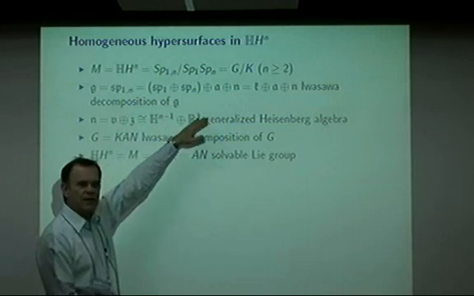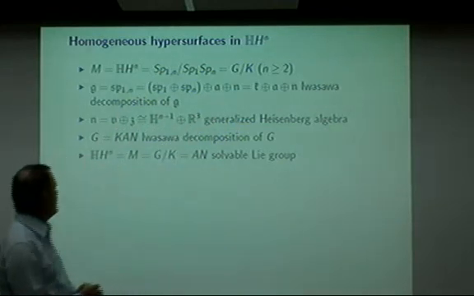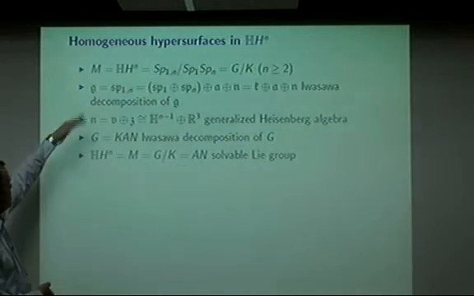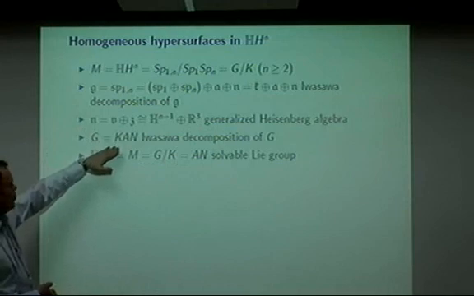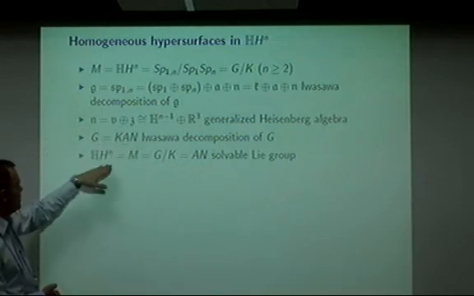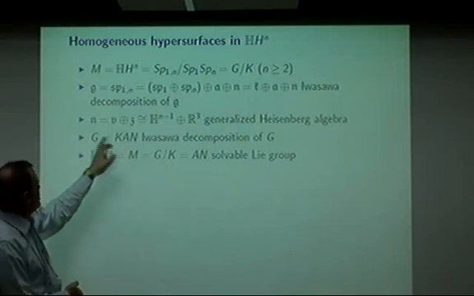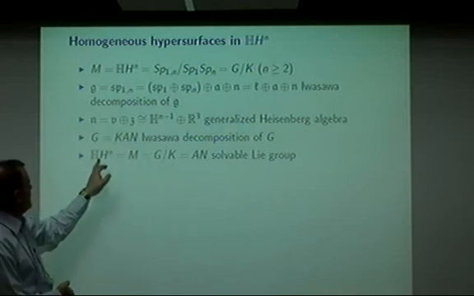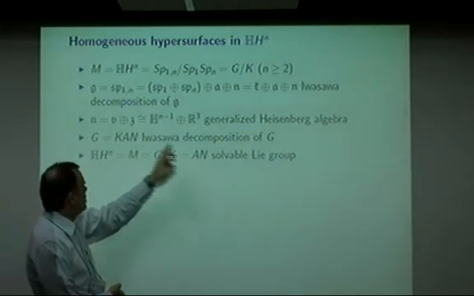It's quite well known, a generalized Heisenberg algebra which has been well studied. And when we exponentiate, we get the Iwasawa decomposition on group level, G is K times A times N. And when we divide through K, G over K, which gives the quaternionic hyperbolic space, is equal to A times N.